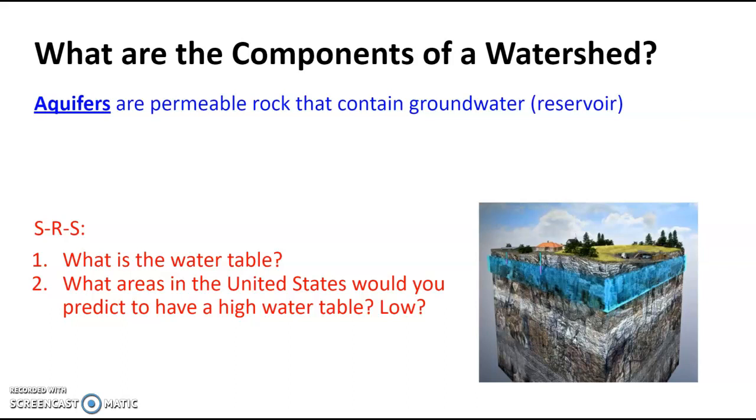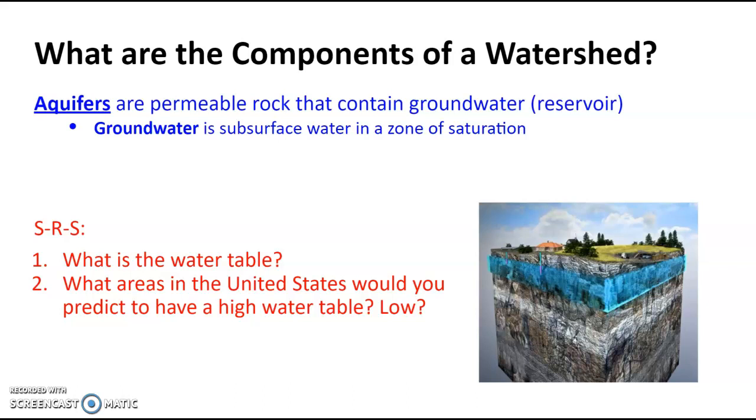And so tiny little water molecules can travel through them and sit in there. This is actually a type of reservoir as well that's underneath the ground. And groundwater is subsurface water in a zone of saturation. That just means it's below the ground, and saturation just means it's full of water.